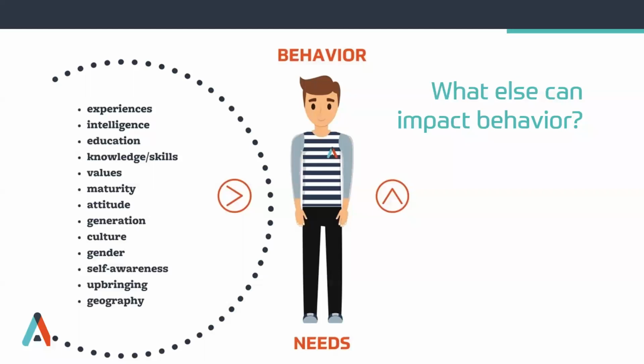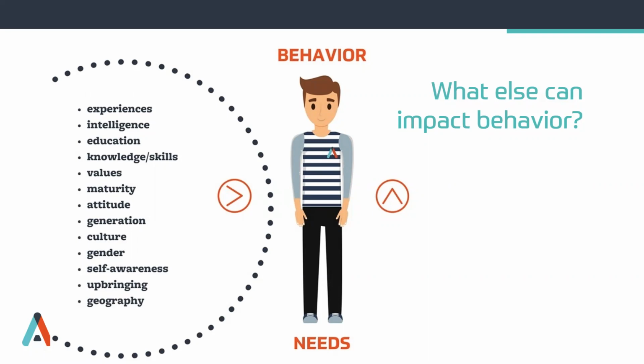Everything from their education, their gender, their maturity. Chances are we don't show up to work the same way now as we did when we were 18. We have matured. We've learned that you need to show up on time. You need to iron your clothes, whatever it may be.